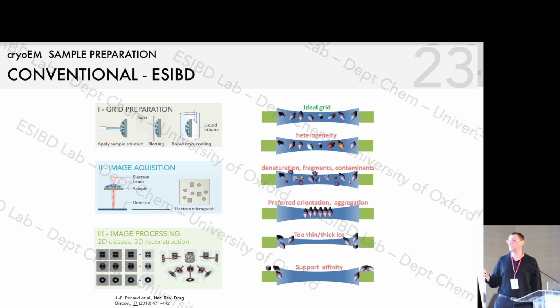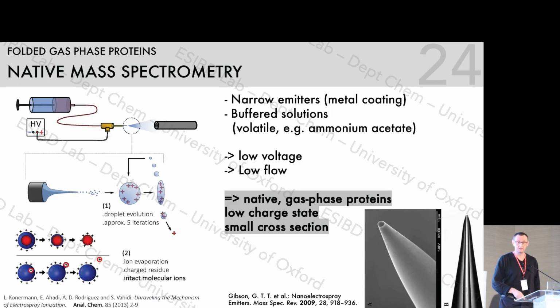That's why we thought maybe native electrospray ion beam deposition might be a way out or support in some difficult cases, and we wanted to explore what this does. On the other hand, when you think about native mass spectrometry, here I outline, it's the same mass spectrometry pathway, only you make sure that you choose the right buffers and narrow emitters, very low voltages, so that you treat your protein as gently as possible.